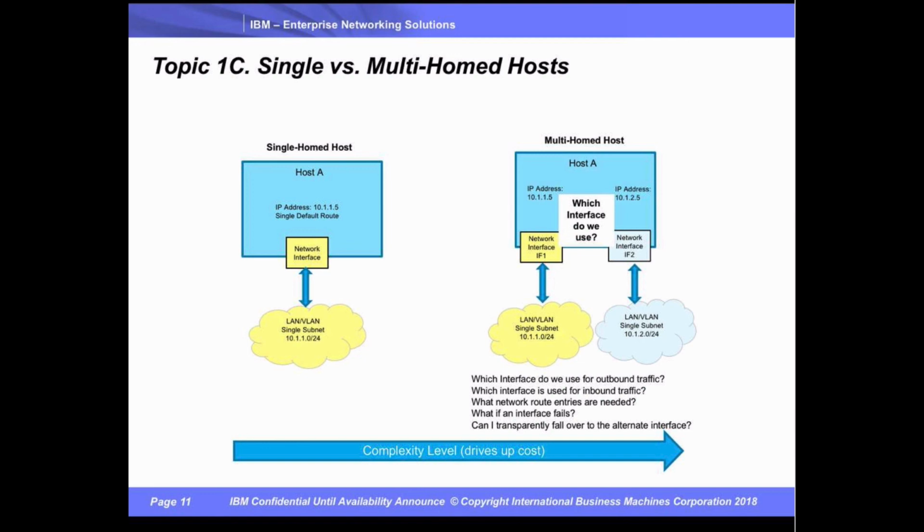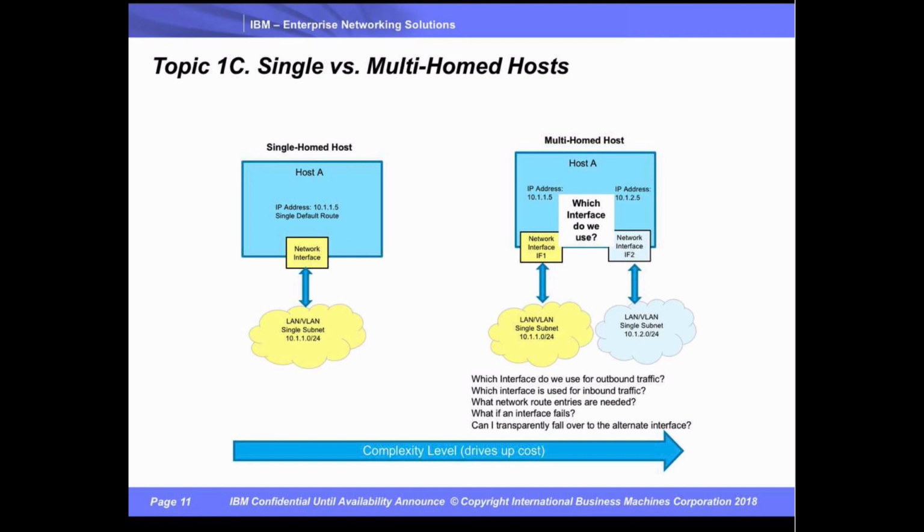When you start adding multiple interfaces, your complexity rises significantly, and complexity equals cost, along with other issues. So many of our users really would like to have a single interface into the guest, and it reduces their operation and their administrative costs.